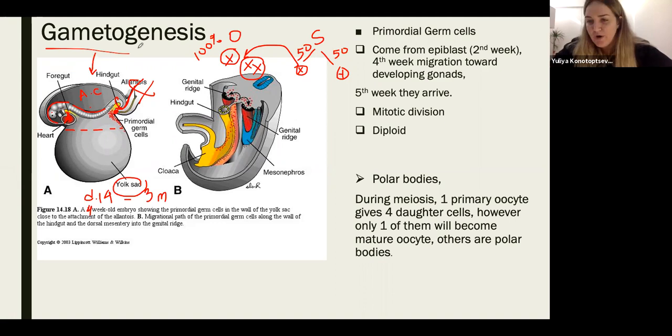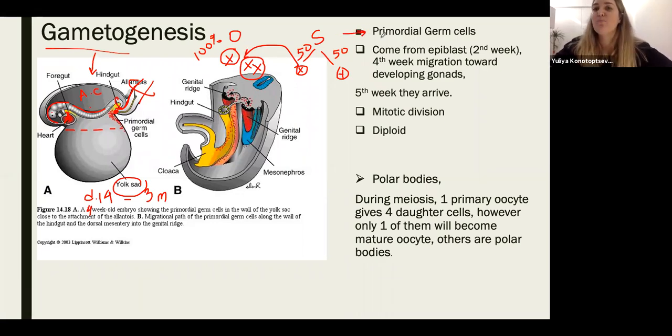We're starting to talk about gametogenesis for the first like 15 minutes, right? We still can't start. Gametogenesis means production of gametes, right? Formation of oocytes and spermatozoa. So we have to ask ourselves, where do oocytes and spermatozoa come from? Both of these cells come from these cells.